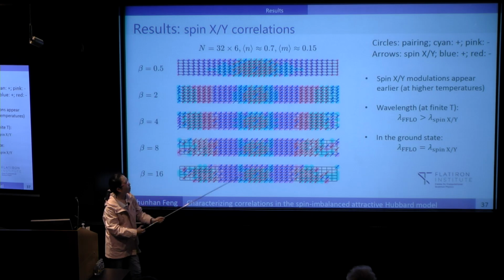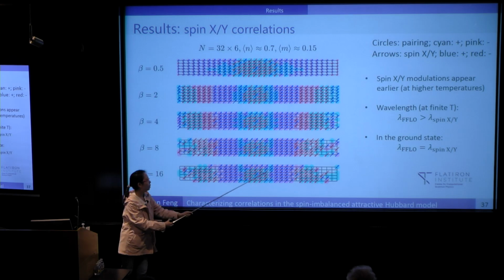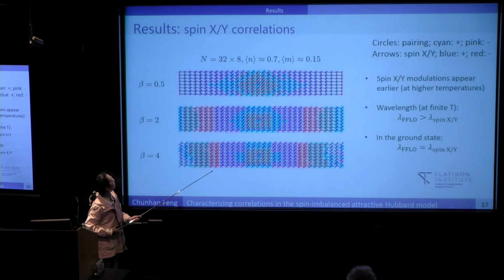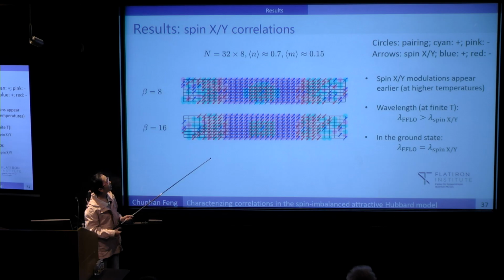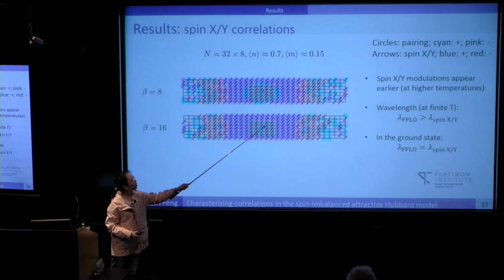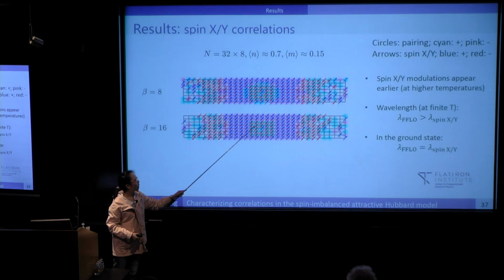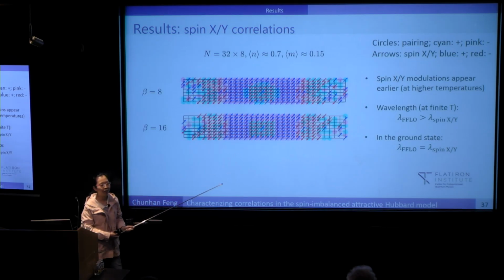We can see similar things in the ground state. Basically, they have the same wavelengths. These are more results for another lattice, 32 by 8, at pretty low temperature. For the low temperature one, we can see the pairing and spin X correlations have the same wavelengths.